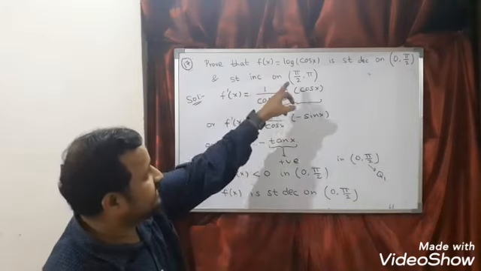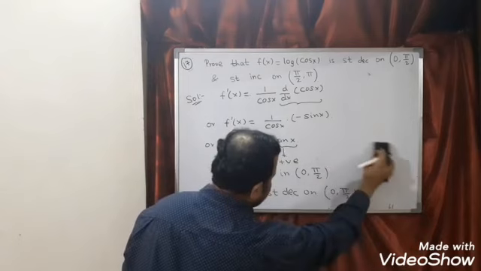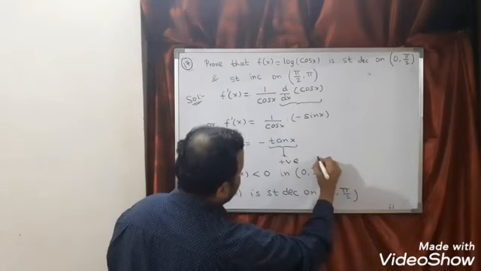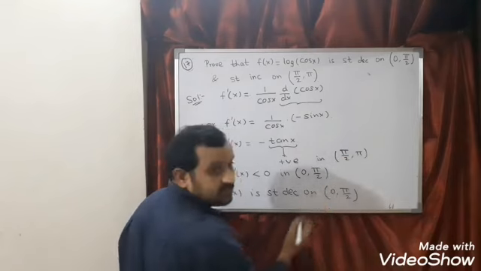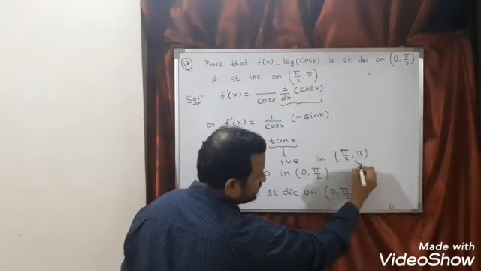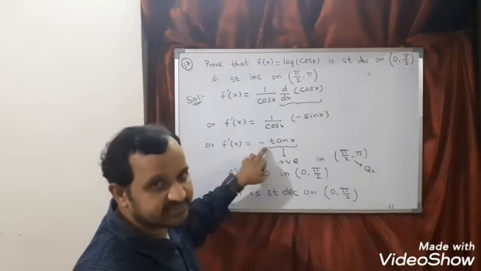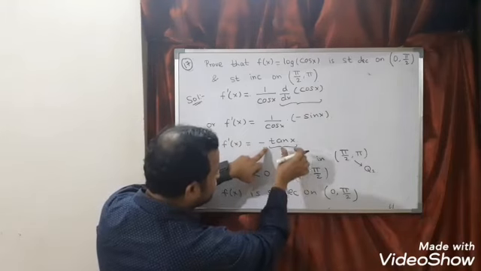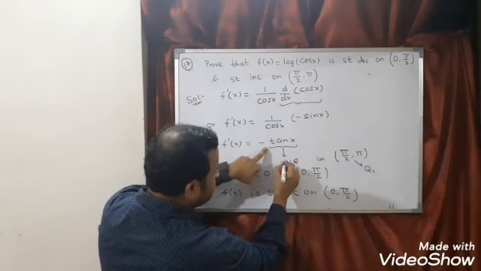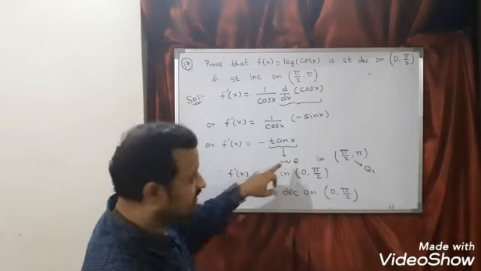Next, strictly increasing on pi by 2 comma pi. Let us change the interval here. This interval belongs to which quadrant? Second quadrant. In second quadrant, tan x value is negative. So negative multiplied by negative, it is positive.